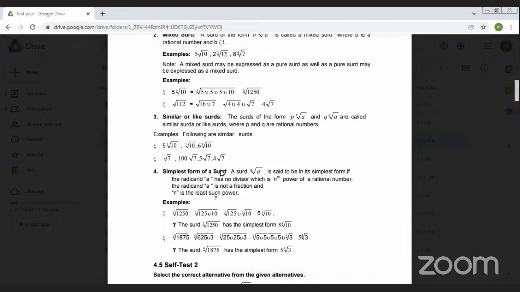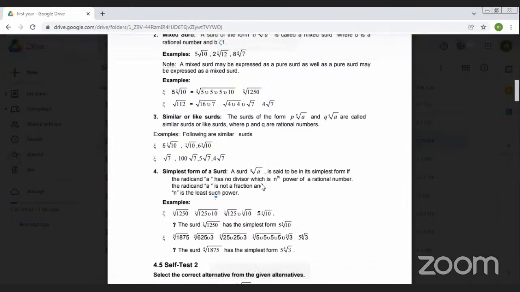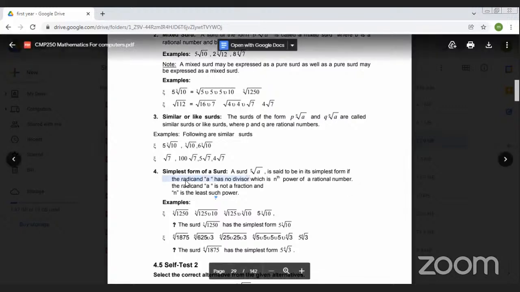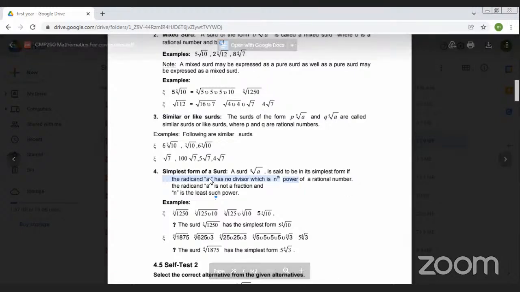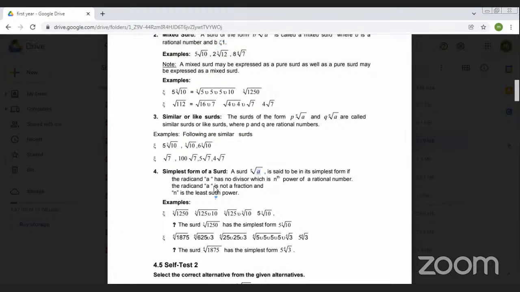Simplest form of a surd. When do I say it is simplest? If the radicand A has no divisor which is an nth power of a rational number. Now by this sentence, what do you understand? A shouldn't have any divisors which are nth powers of a rational number, and the radicand A is not a fraction.